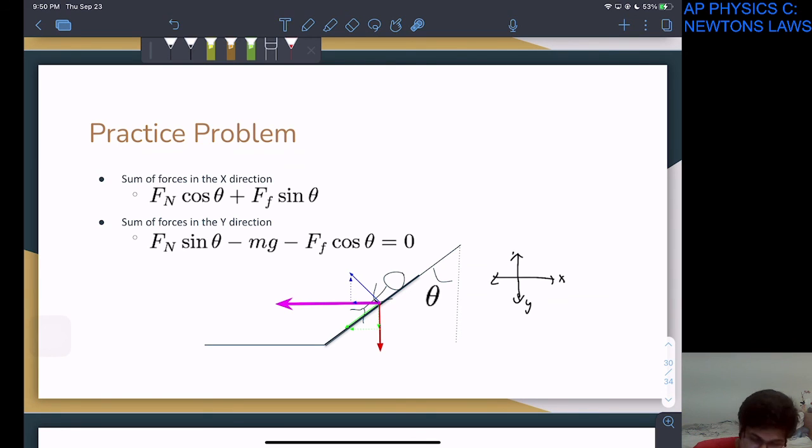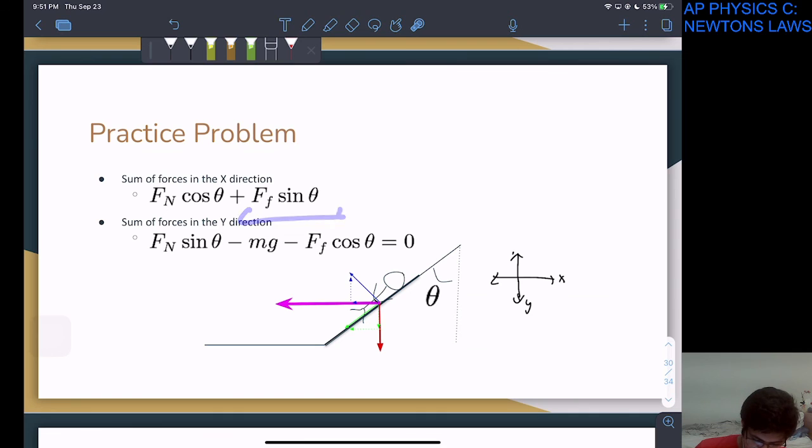How about some of the forces in the y direction? Well, we have our normal force, and we have the y component, which is the sine. We have gravity, and we have our frictional force. So gravity points downwards, and our frictional force. So earlier here, I think I misspoke.